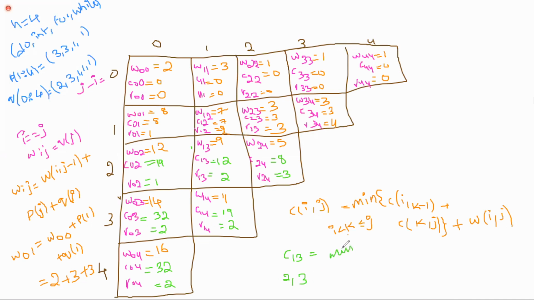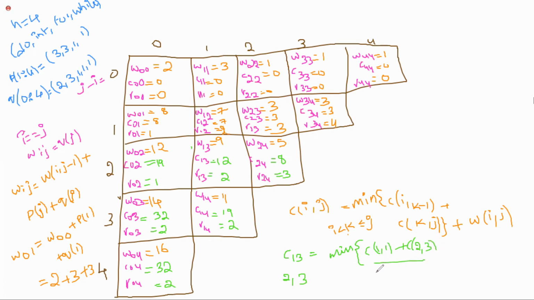So the minimum of C of i, k minus 1. What is your i value? The i value is 1 only. K minus 1, with k first assumed as 2. So C of 1, 1 plus C of 2, 3, where the k value is 2 and the j value is 3.